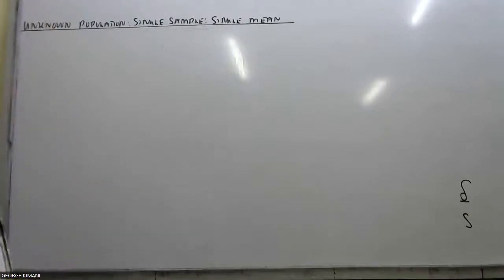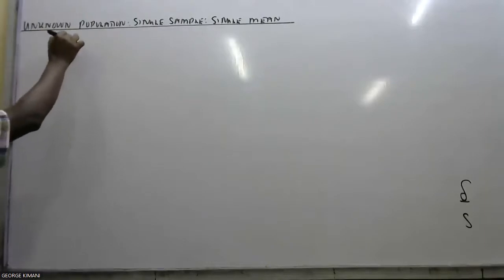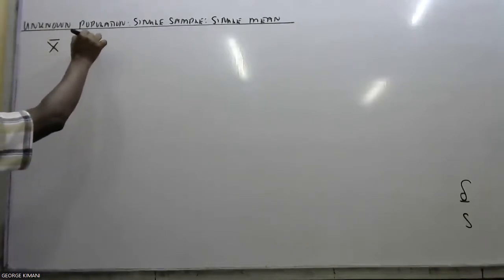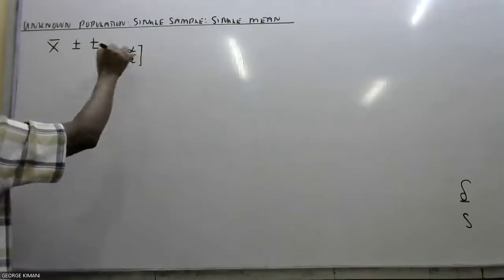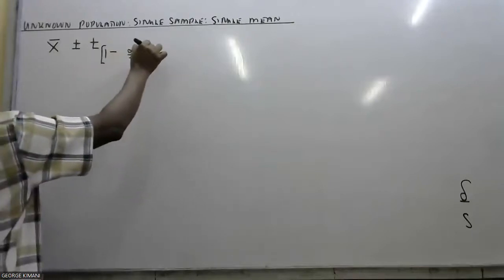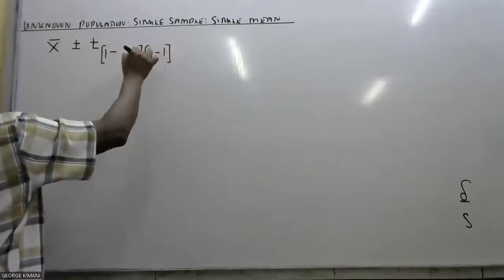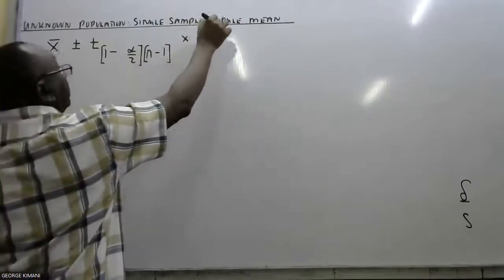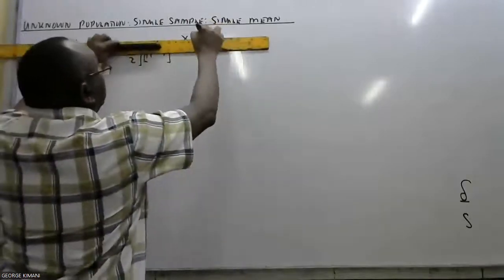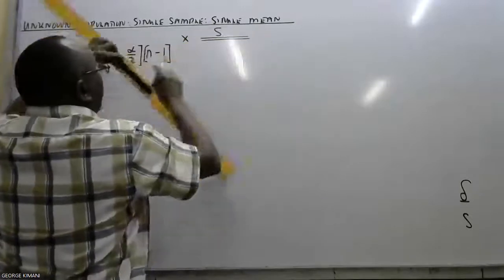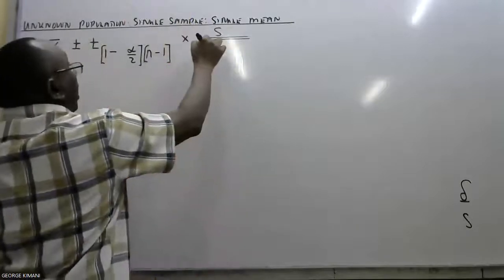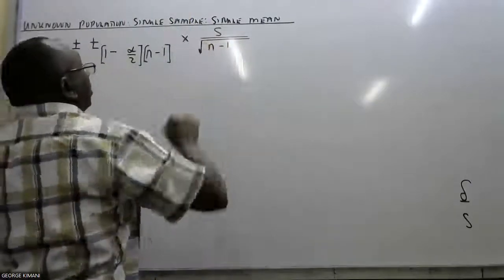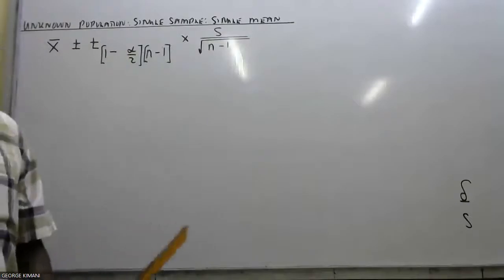So if that is the case, the formula used is X bar plus or minus T 1 minus alpha out of 2, n minus 1, you multiply by S, you divide by the root of n minus 1. The root of n minus 1.